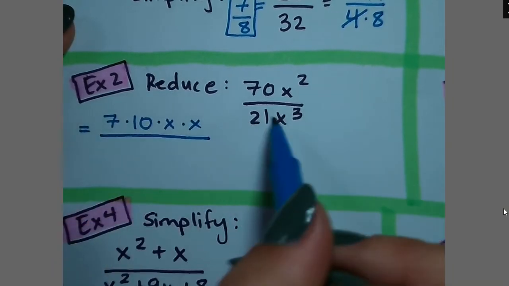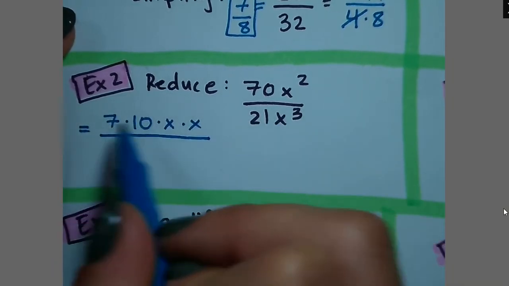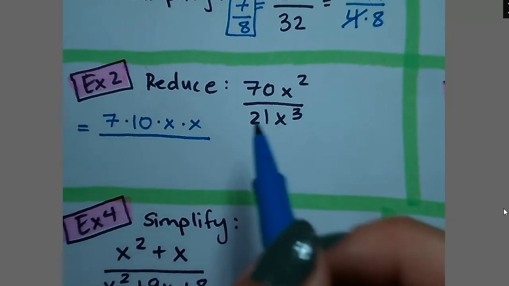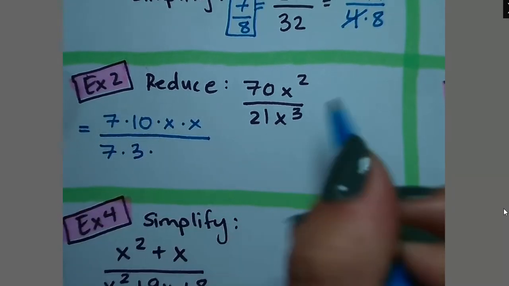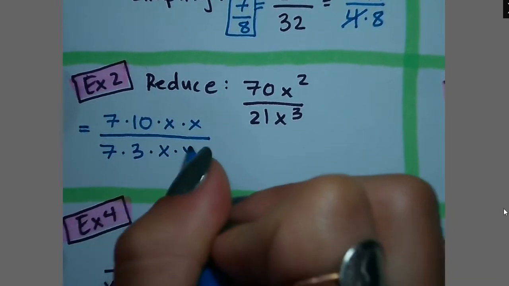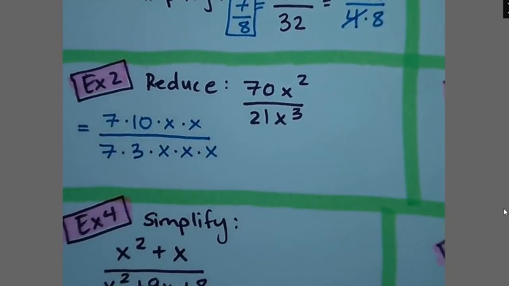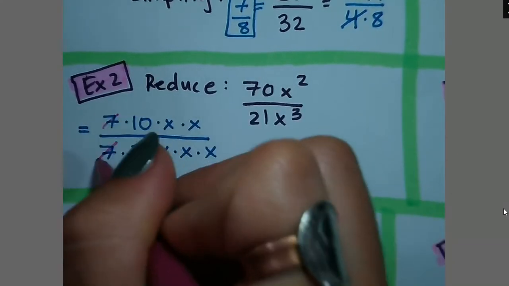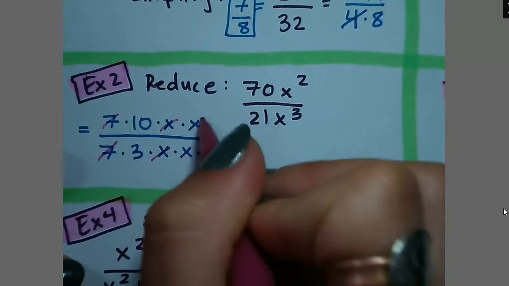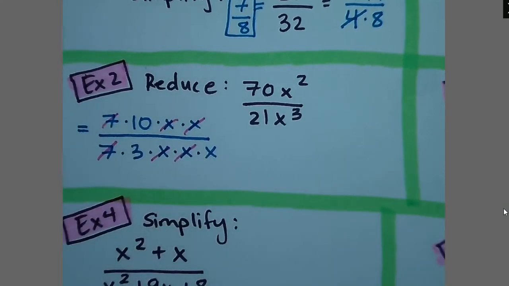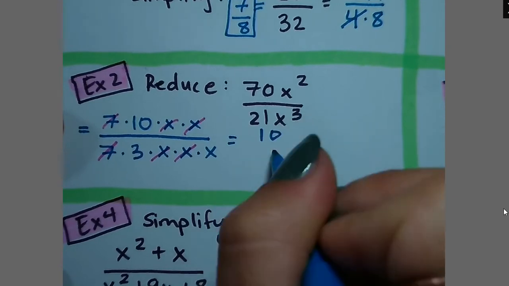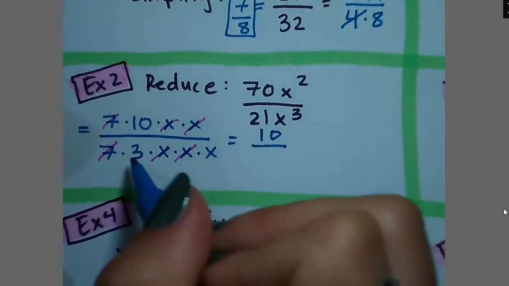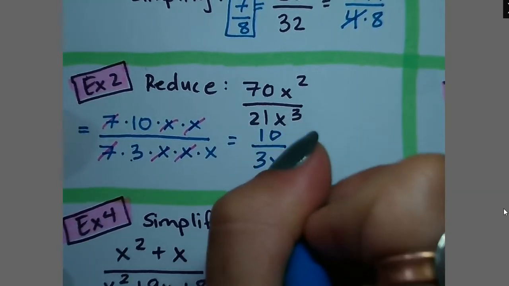And then on the bottom, I want it to cancel out with one of these factors of 70, so I'm going to use 7 and 3 for 21. And then I have 3 x's, so I'm just going to write x times x times x. Now I'm going to cancel out my terms on top and bottom. So my 7's cancel, and 2 of my x's are going to cancel here. So what you're going to be left with is just 10 on the top and 3x on the bottom.